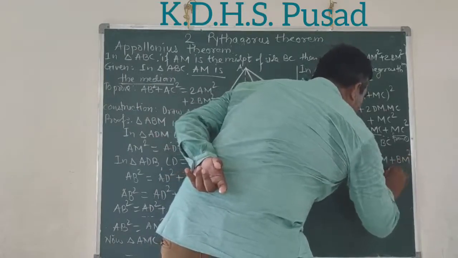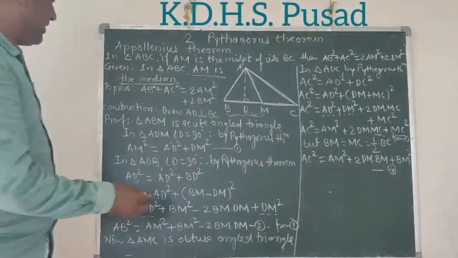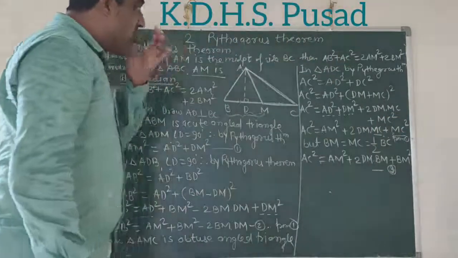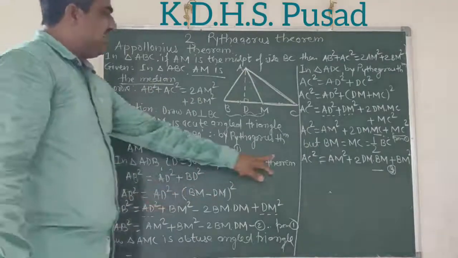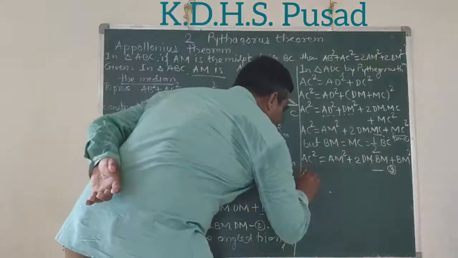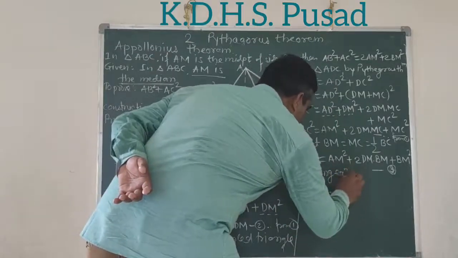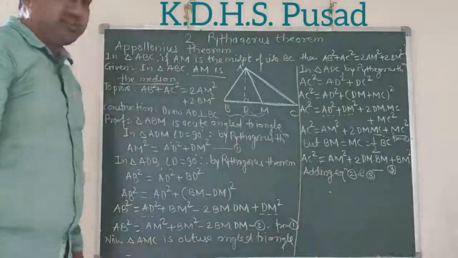That is equation 3. Now we want AB square plus AC square, so let's add equations 2 and 3.